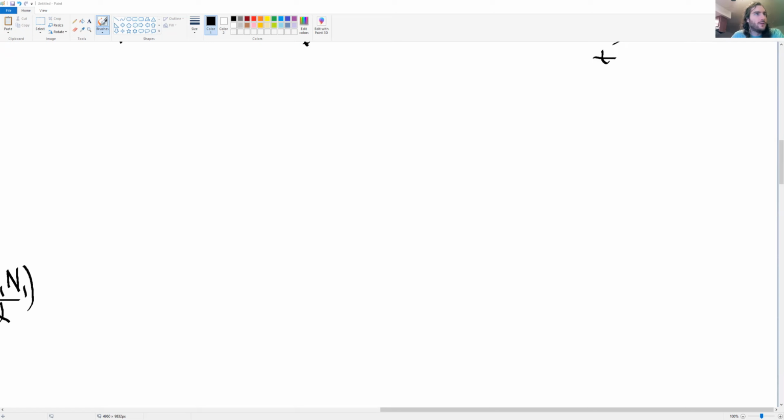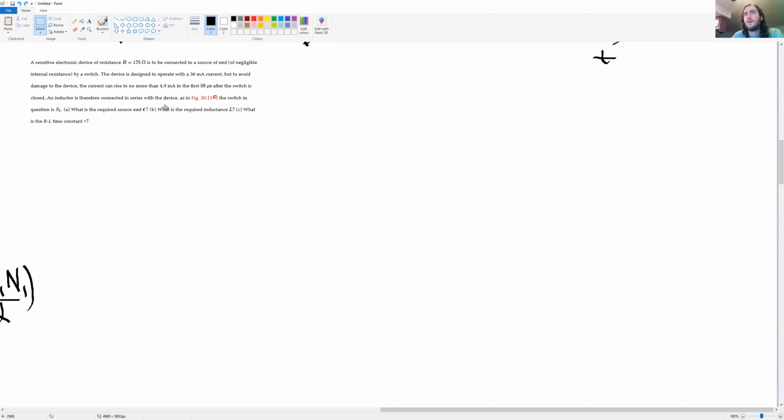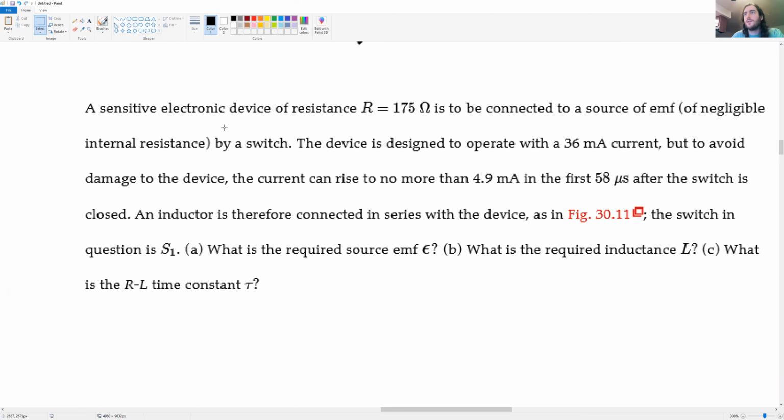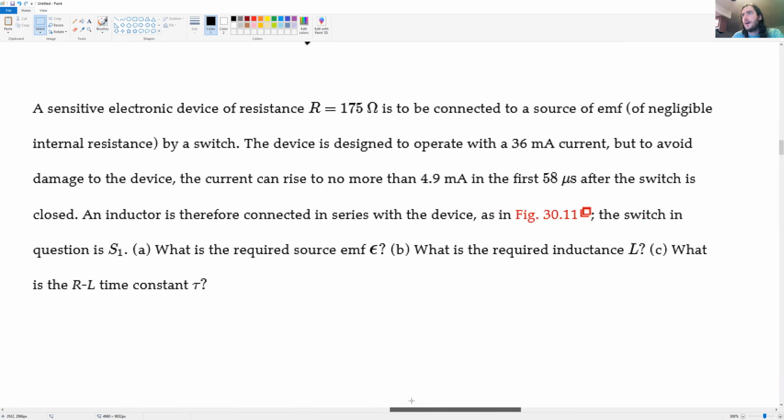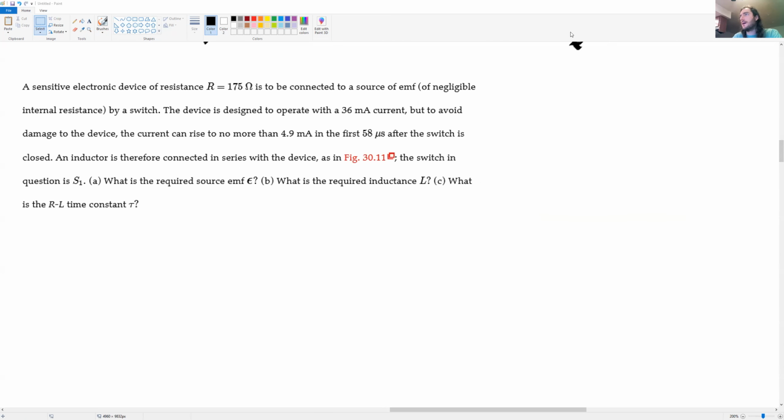Okay, here we go. So here's the question. And I can zoom in on the question. There's no figure for this question. I can zoom in on it, and it's a little bit less blurry than if I drag it and make it bigger. So maybe this is good here for you guys.